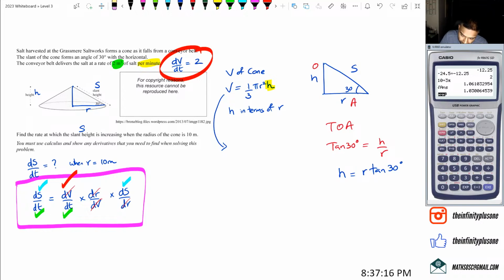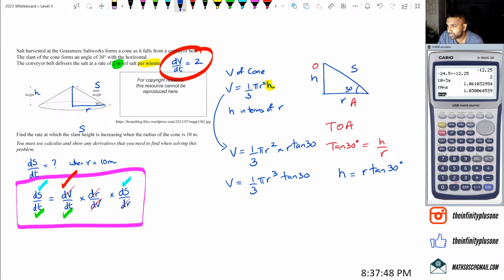Now that I've done that, I can go back to the volume equation and put 1/3 pi r squared times r tan 30. You can put down tan 30 as a number, but I'm just going to leave it as it is. And so I get my volume equation, which is V = 1/3 pi r cubed tan 30. So differentiating it, what is dV/dr going to be?